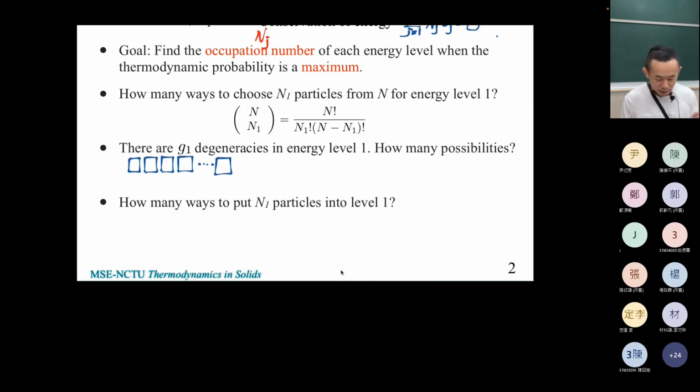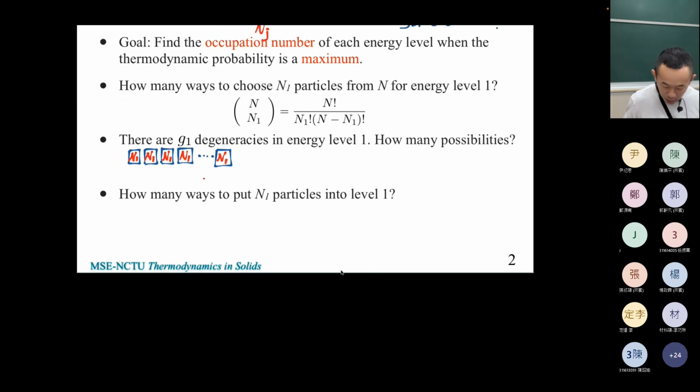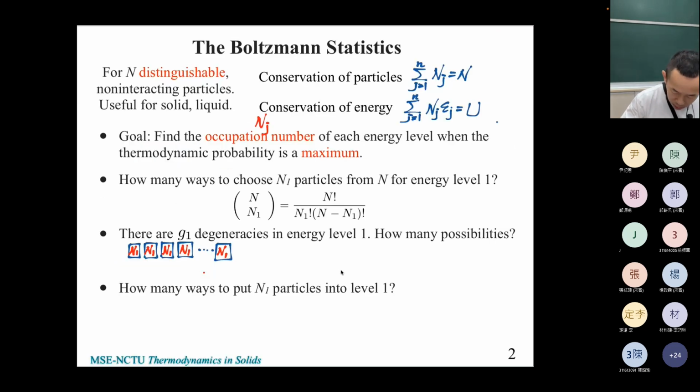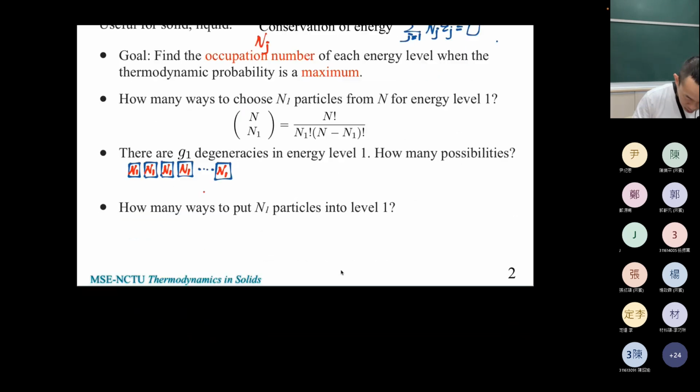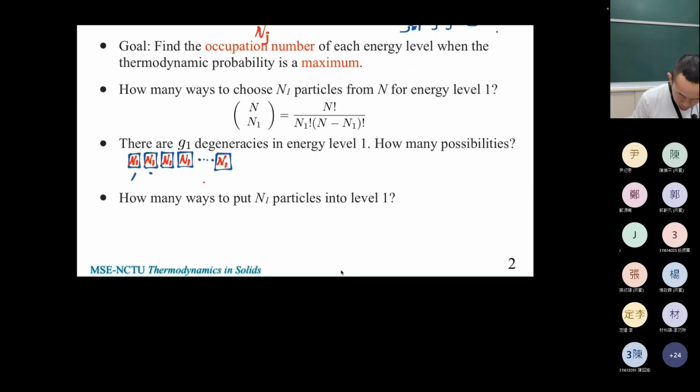All the N1 particles in energy level 1 can all be put into the first degeneracy, or the second, or the third.